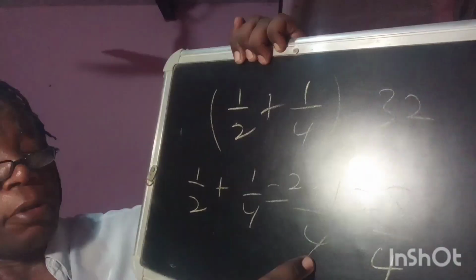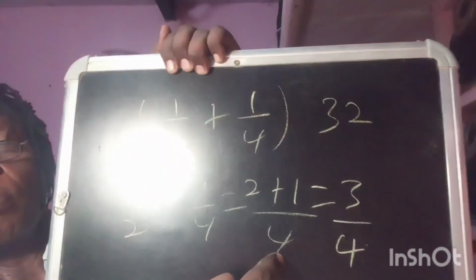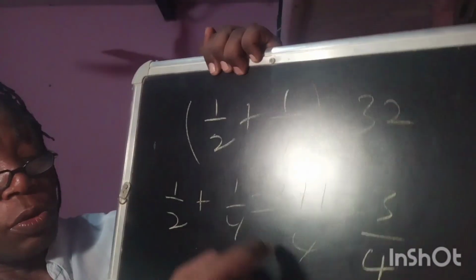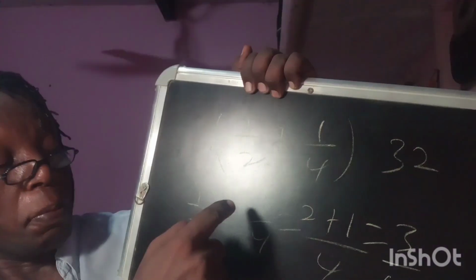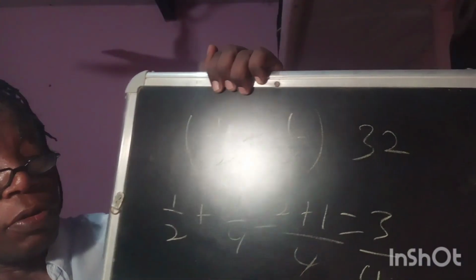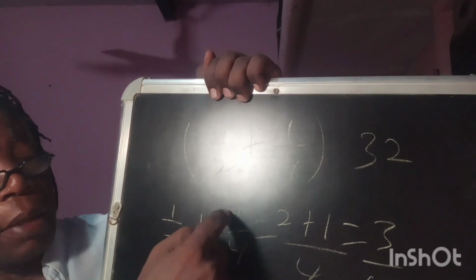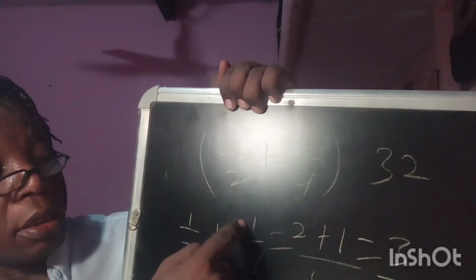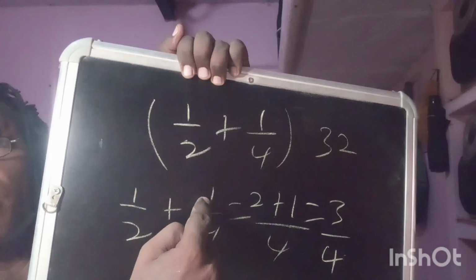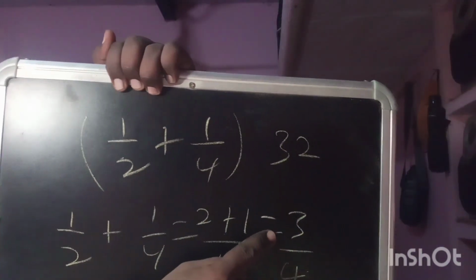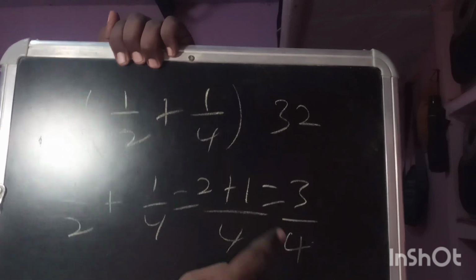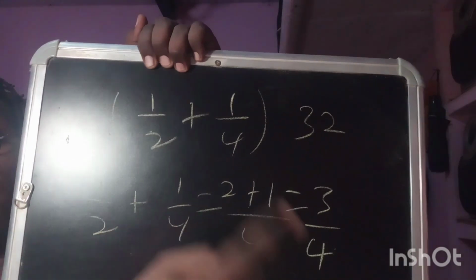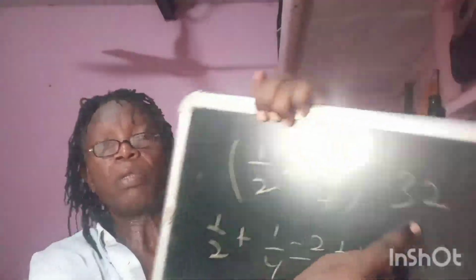I found the least common denominator. 2 goes to 4 twice, so twice times the numerator, which is 1, it will be 2, plus 4 goes to 4 once, times 1, that will be 1. So 2 plus 1 will be 3, which is that one. And the denominator is the common denominator. So it's 3/4 of 32, which is this value here.